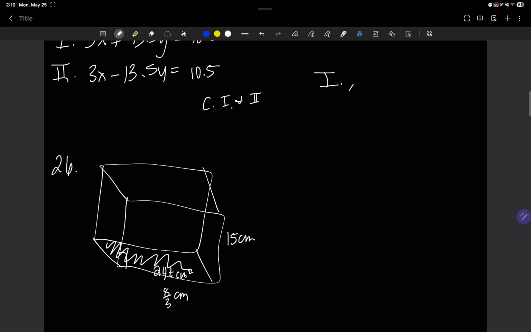Which expression represents the surface area in square centimeters of the right rectangular prism? My first thought is take that 24 and divide it by 8/3 to get this side. So 24 times 3/8, so 9. T, because that doesn't have a T.